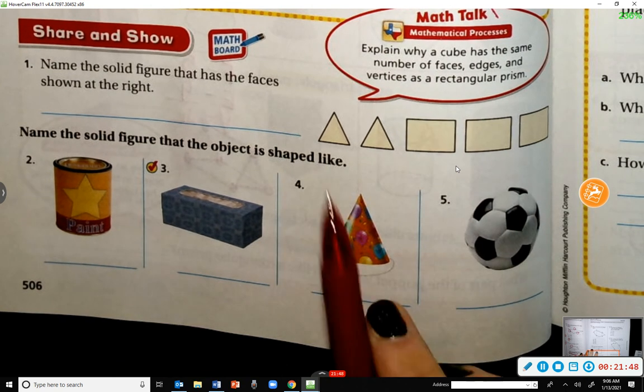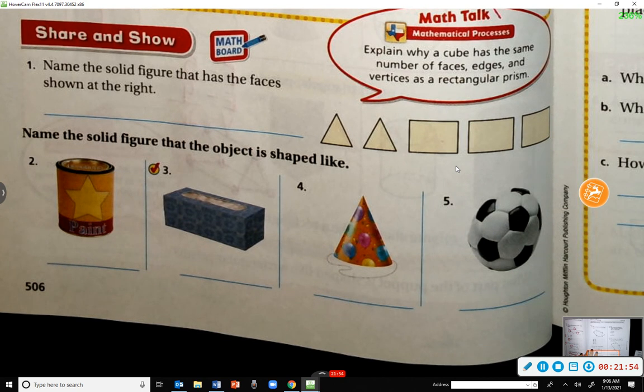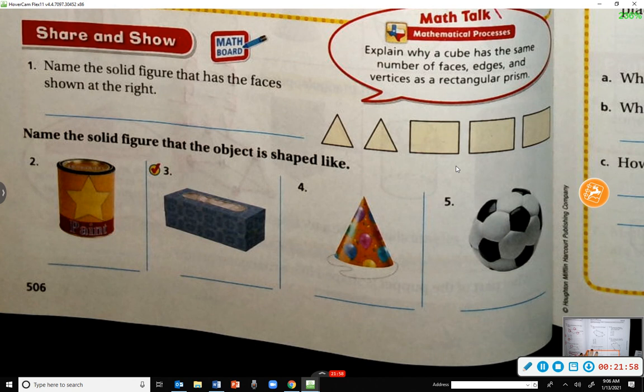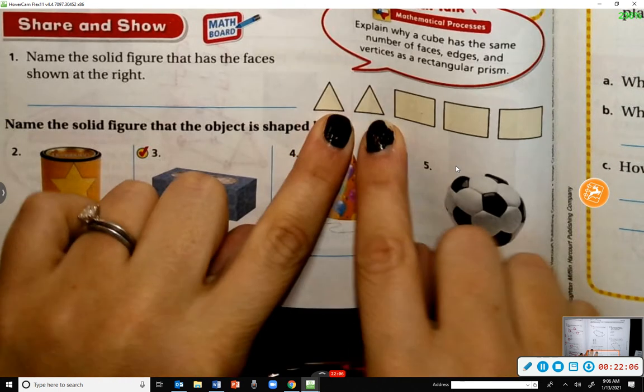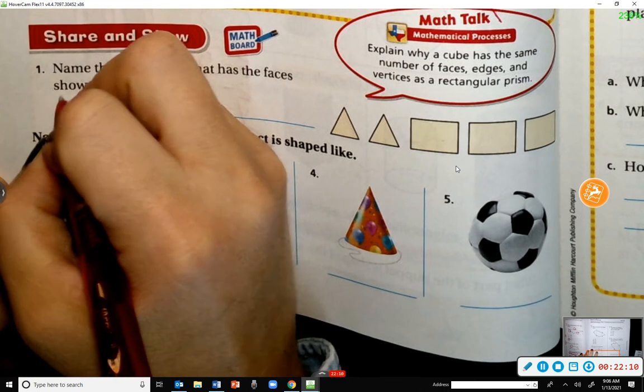So that means it would have 5 faces. Aliyah, do you know? Very good. Triangular prism. It has 2 triangles and the 3 rectangles that we just counted.